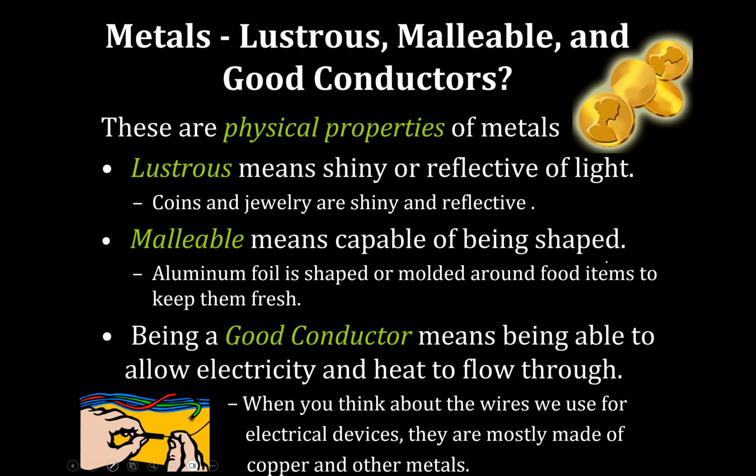You use copper wire, right? Copper is a metal because copper is a good conductor of electricity. It is good to transfer electric current. Lustrous means it is shiny. When you see something that is shiny and reflective of light, that usually comes from a metal. For example, you look at coins or jewelry, those are shiny and reflective.